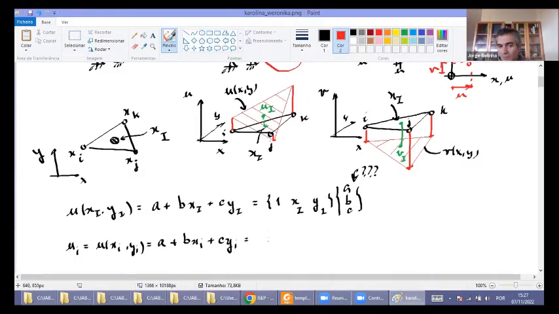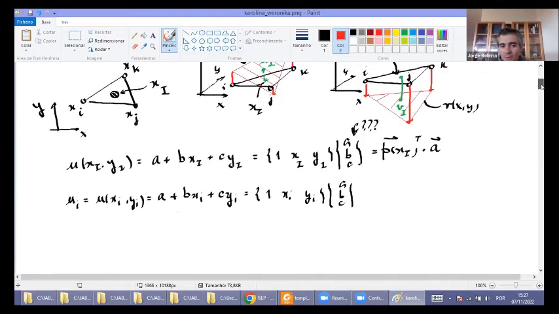Which is the same as writing 1, xi, yi, the same ABC, exactly the same as here. So this is a polynomial vector. I can change this, saying, okay, this is a polynomial vector, transposed, multiplied by the vector of unknown constants ABC.